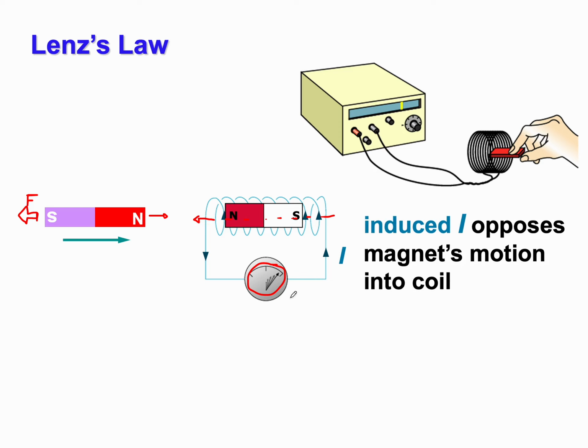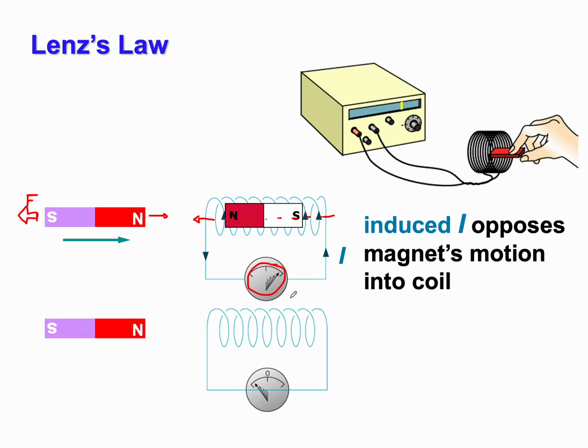What if you had a bar magnet and you're moving it away? In this case, the current induced is going to produce a magnetic field pointing this way. And you might say, whoa, why is it going the other way now? Well, it's actually trying to augment the field that's dissipating as this field moves further away. But it's also doing this.